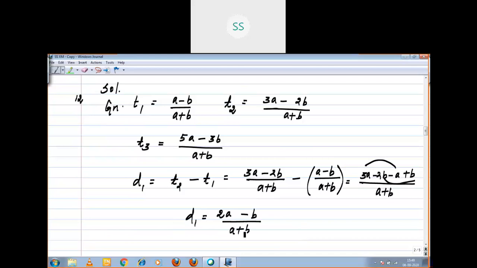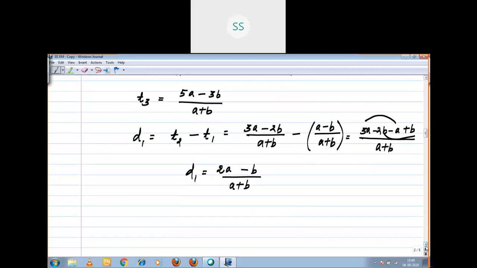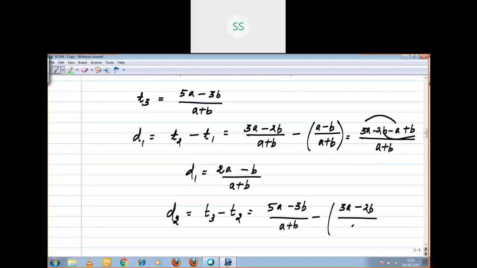First, we are checking the sequence whether it forms an AP or not. For that purpose, we are finding D1, right? Next, D2. What is D2? Third term minus second term. What is your third term? 5a minus 3b divided by a plus b minus 3a minus 2b divided by a plus b.